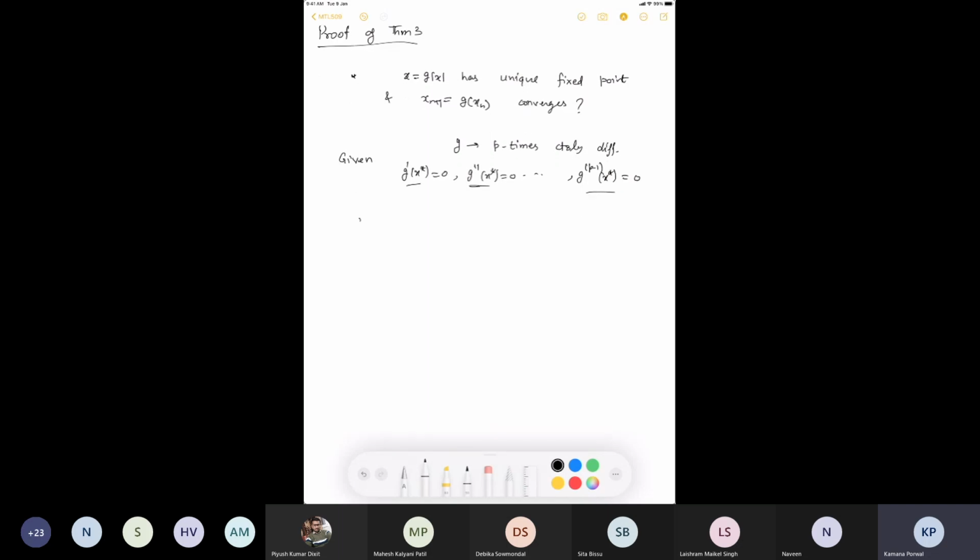So I'm going to expand g of xn using Taylor's theorem. So expand g of xn around x star.